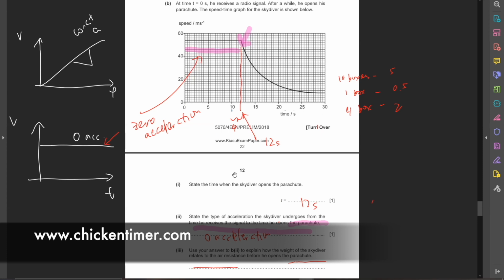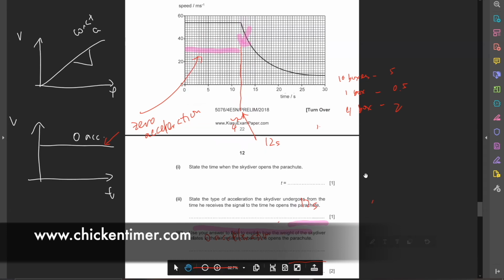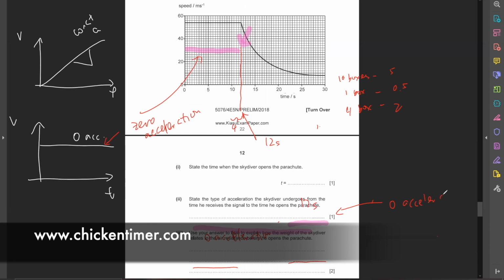In the previous part down here, you have zero acceleration. Then on top, you draw the guy with the air resistance and the weight, right?